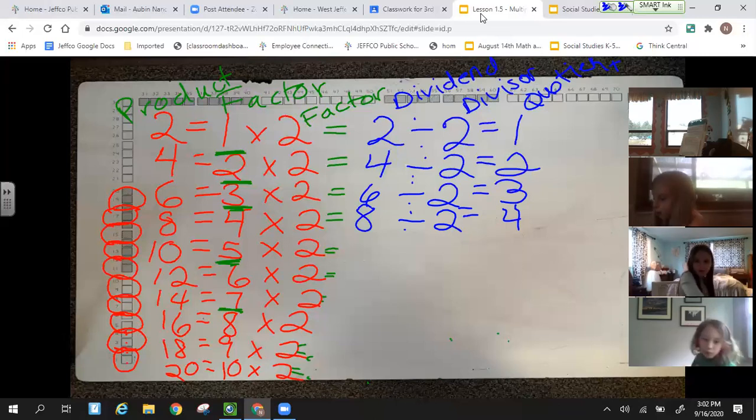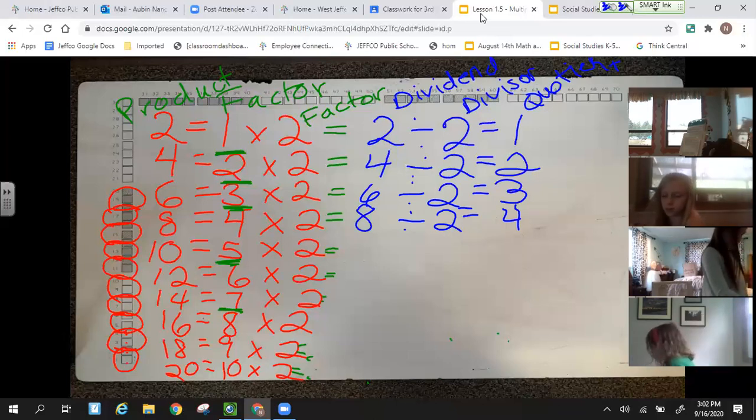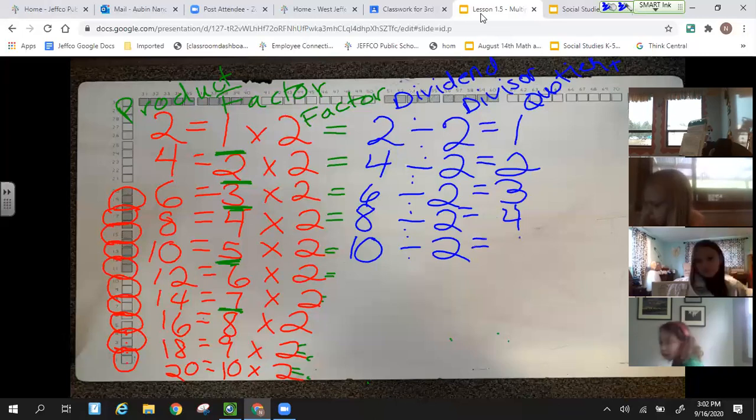10 divided by 2 equals. All right, if 10 equals 5 times 2, 10 divided by 2 must equal 5.